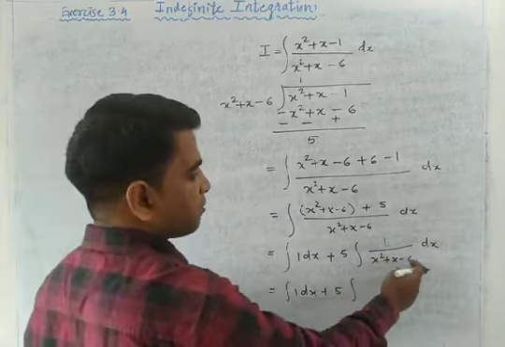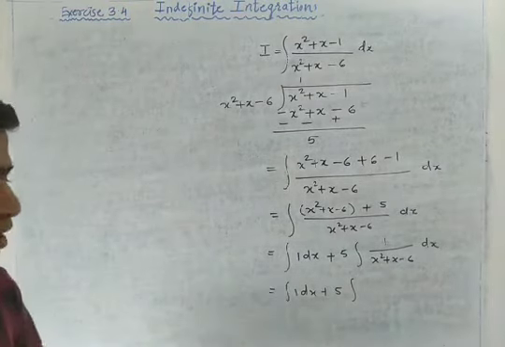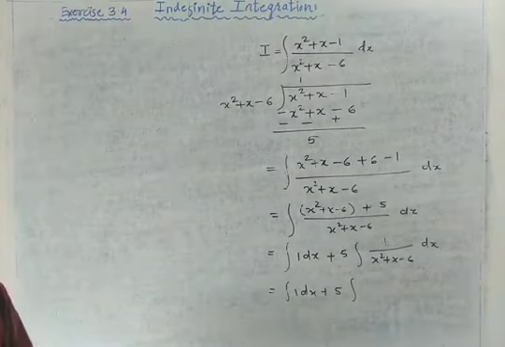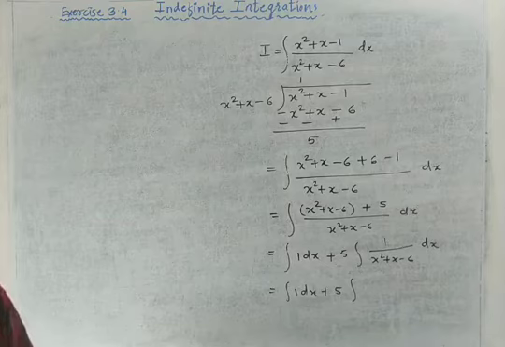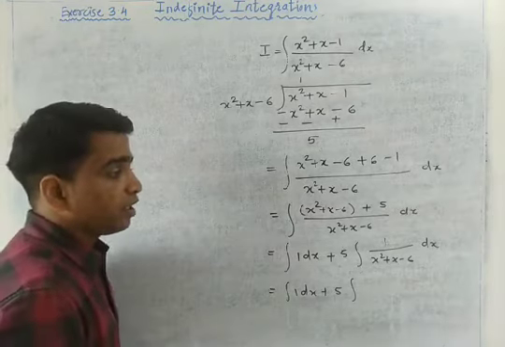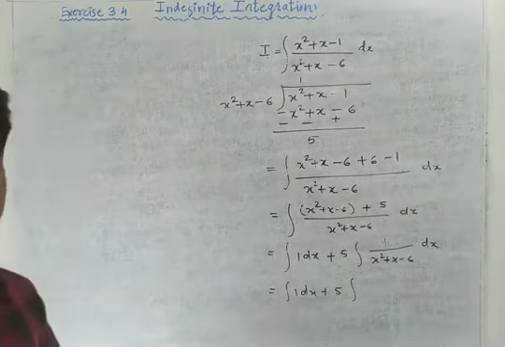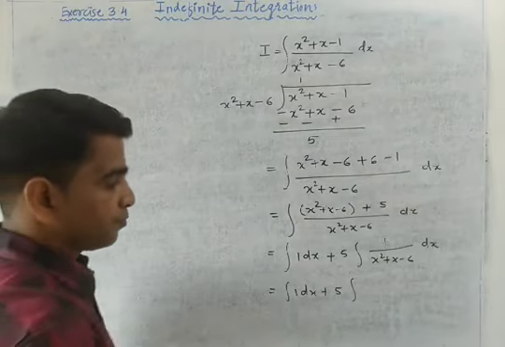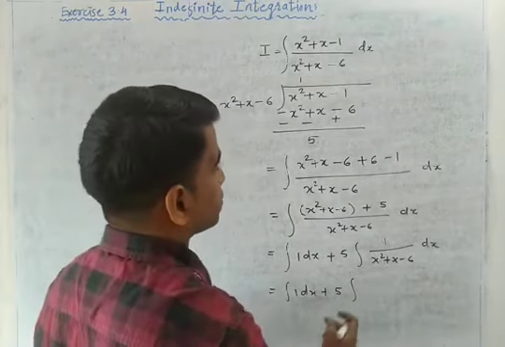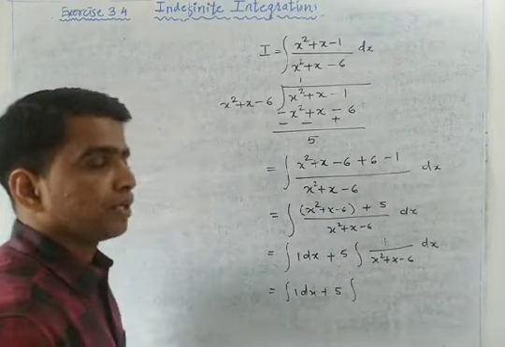Now x square plus x minus 6 is a quadratic equation, and we are able to find the factors. Please check the factors of minus 6 such that the addition is plus 1. If you multiply minus 6 into plus 1, the result is minus 6, but the addition is plus 6 into minus 1, multiplication is minus 6 and addition is plus 4 we will get.